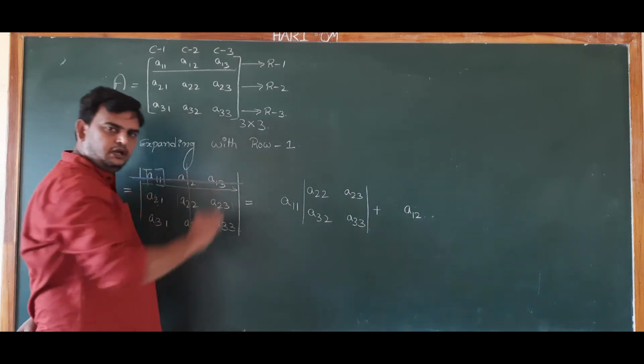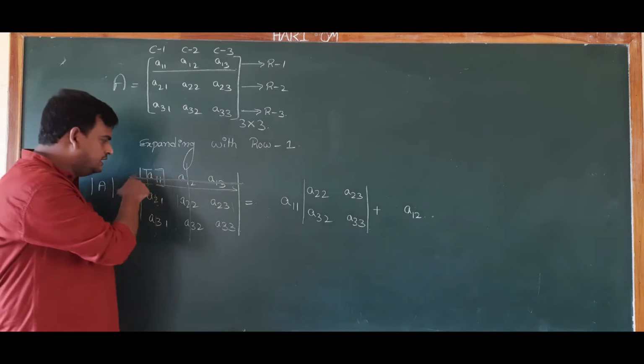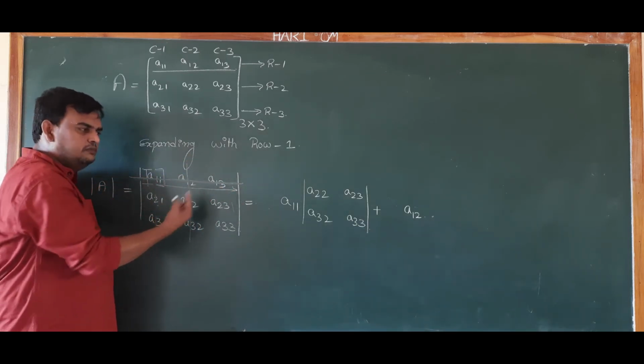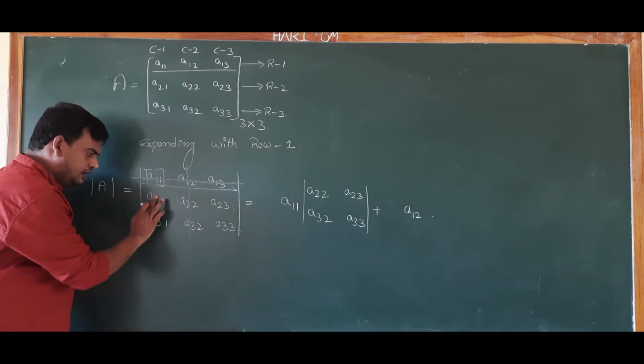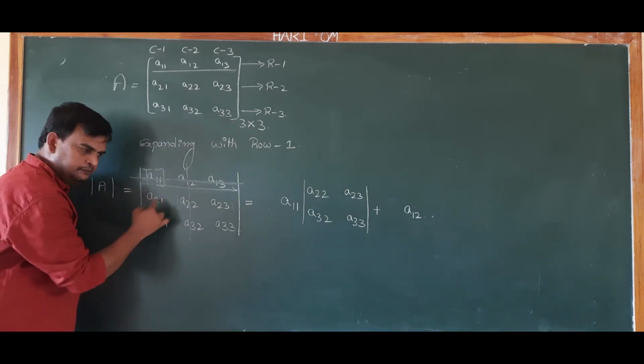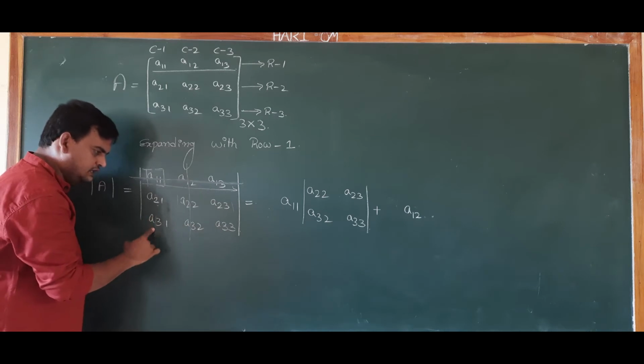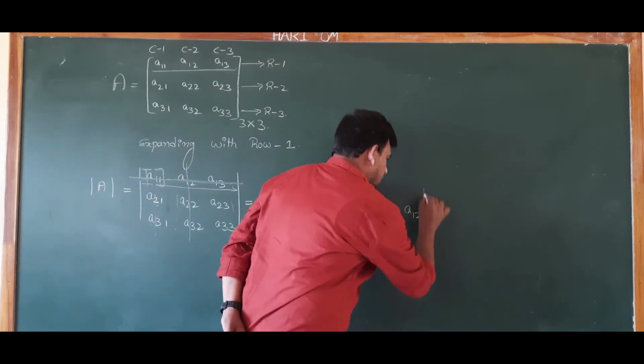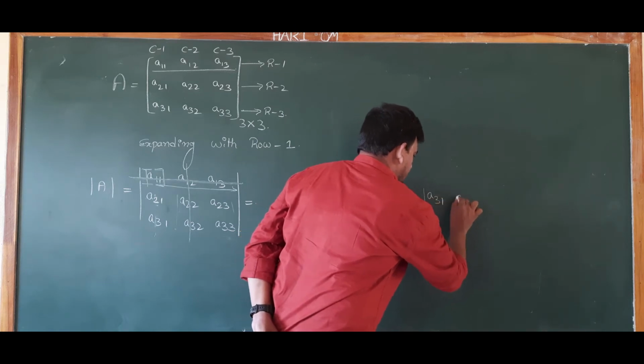By eliminating the corresponding row and column elements, the elements left over are A21, A23, A31 and A33. With this, again I get a 2 by 2 square matrix.